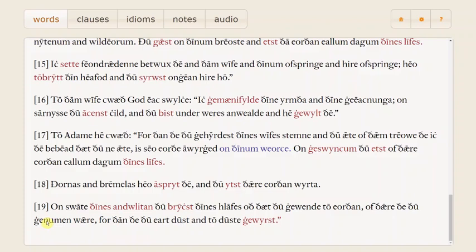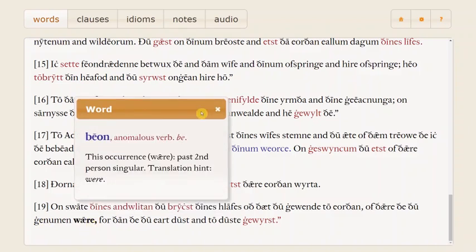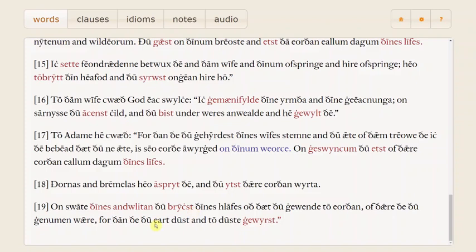So again, there's that flexibility with respect to this new auxiliary verb that was coming up. So genomen were, taken were, with that word order. But then the rest of it is fairly straightforward, subject, verb, complement, right?